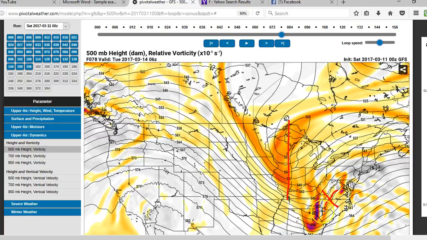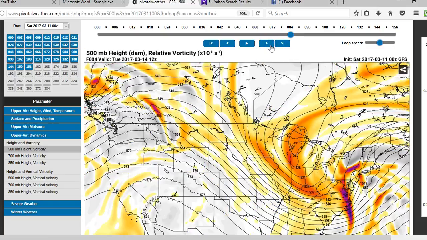So this is going to start to be directed to the north and east. There we go. This is Tuesday morning. Here's the energy. So our storm is roughly around Long Island, New York City by Tuesday morning.